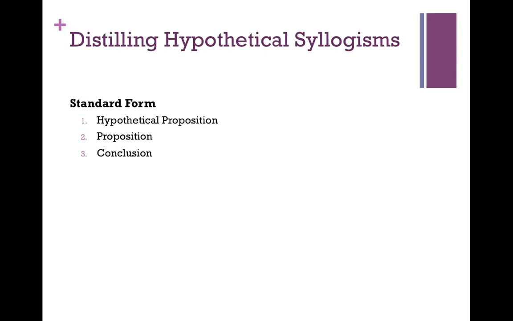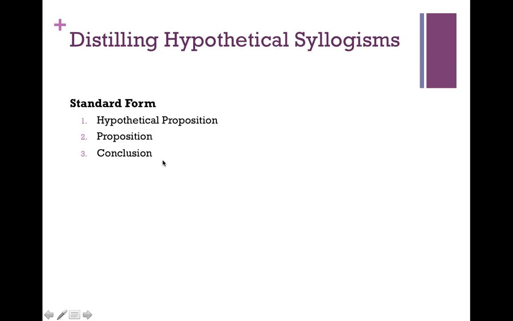If you're dealing with a pure hypothetical syllogism, all your propositions are going to be hypothetical, but you list first the one that has the antecedent that is the antecedent in the conclusion.